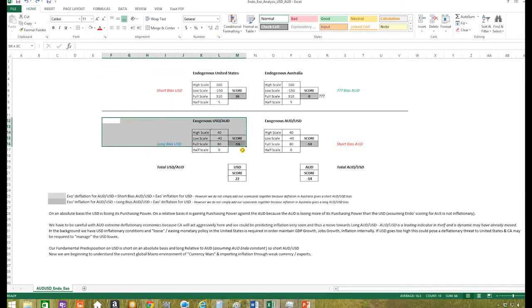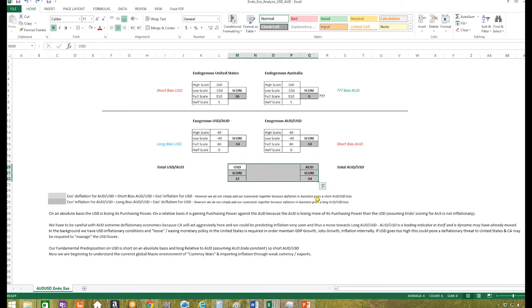And in the exogenous analysis, we have a long bias for the US dollar against the Australian dollar, because at the moment the Australian dollar is losing more purchasing power than the United States, as we can see from our academic scoring here.